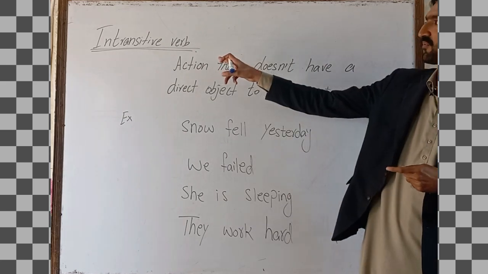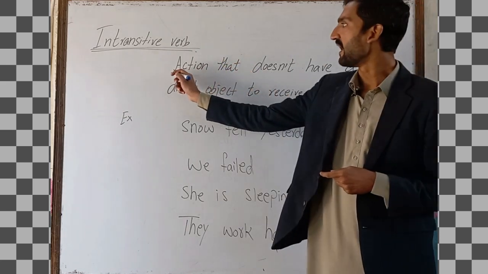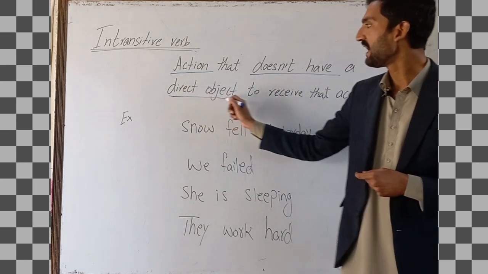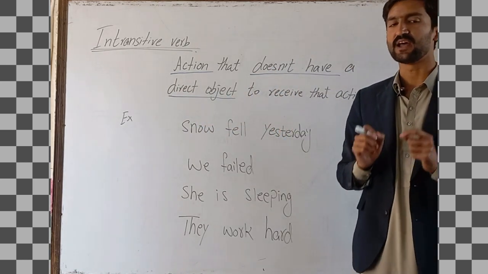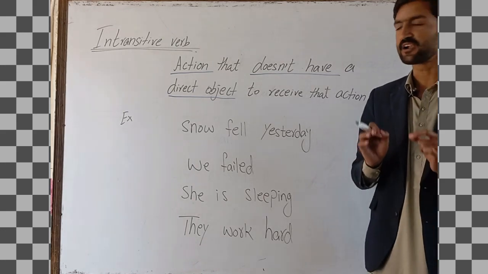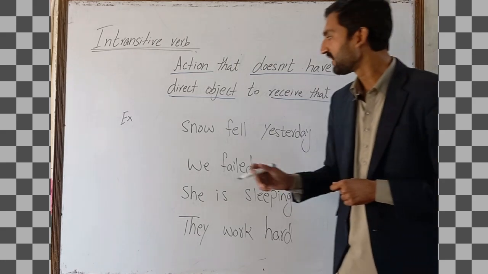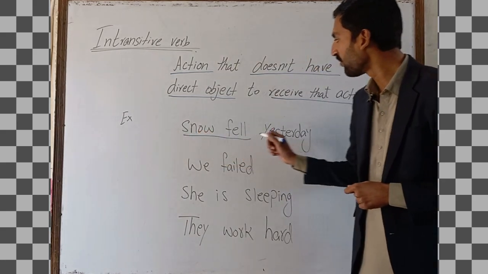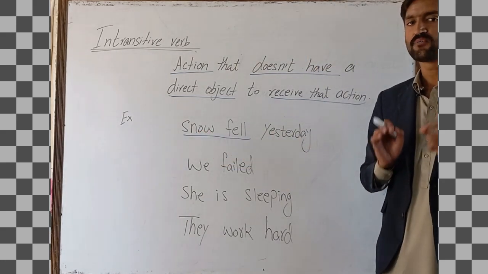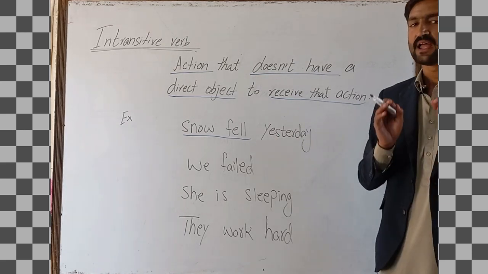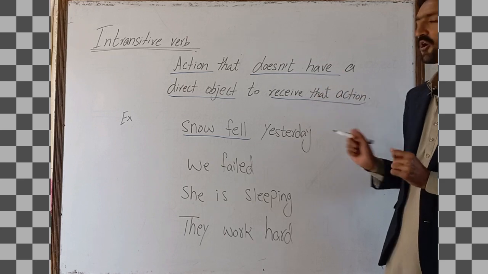But in this type of verb we can see an action that doesn't have any direct object to receive the action. For example, we have snow fell yesterday. So here there is no existence of any sort of direct object.